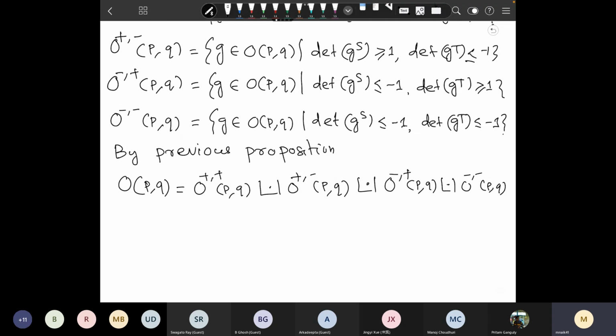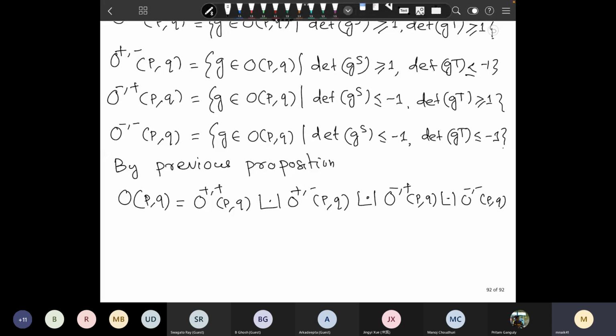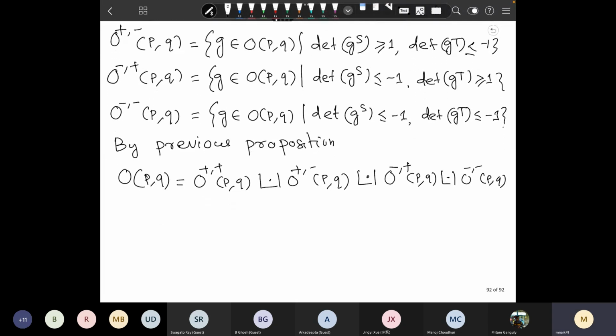Now one can see that each of the sets mentioned above is non-empty, and clearly the identity element belongs to O plus plus (p,q).